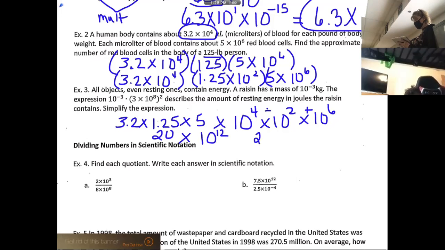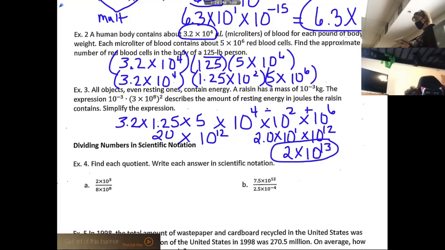So I'm going to make that 2.0 times 10 to the first times 10 to the 12, which is going to be 2 times 10 to the 13. So that's how many red blood cells are in a 125-pound person, approximately.